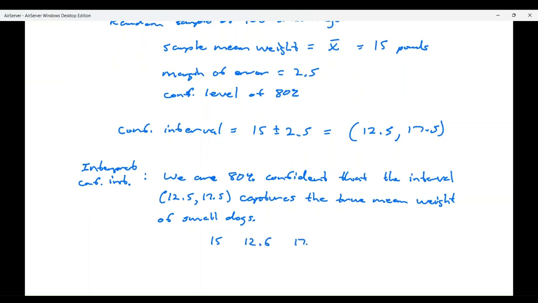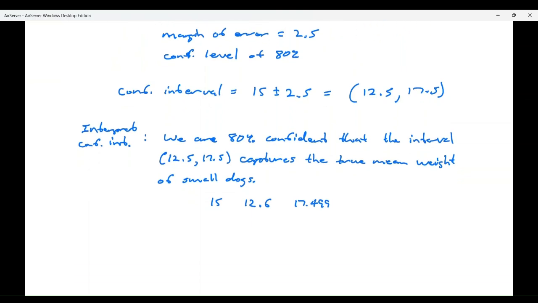It could be 17.499, right? It could be any number in that range, and every single number in that range is equally likely to be the mean of all small dogs. So I like this idea of captures because I almost think of it as tossing a net over those numbers and believing at 80% that that net is going to capture, somewhere in that range of values, the actual average weight of all small dogs.